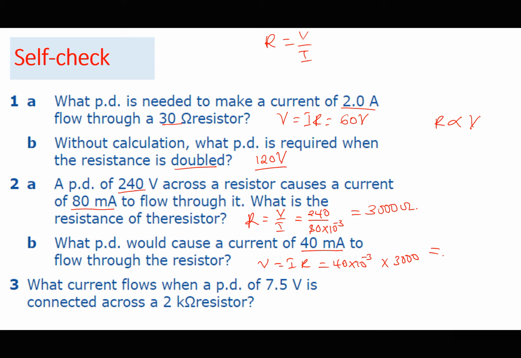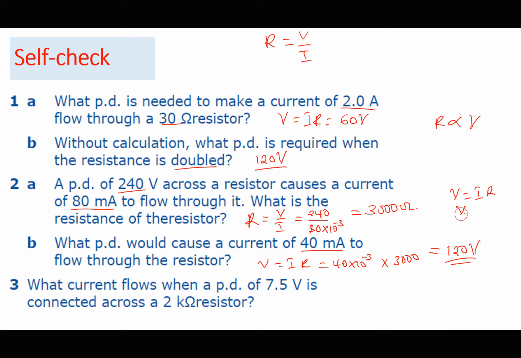So 3000 times 40 exponent minus 3. So this gives us 120 volts.